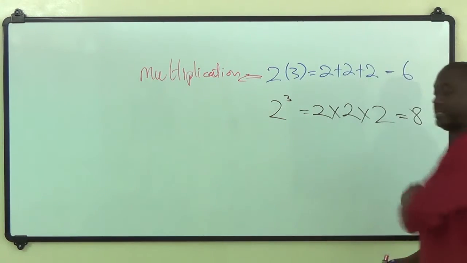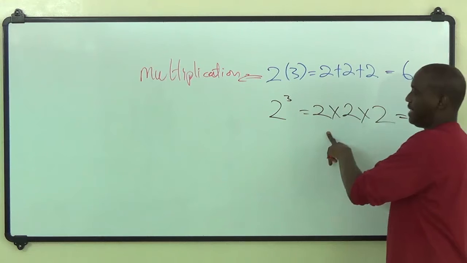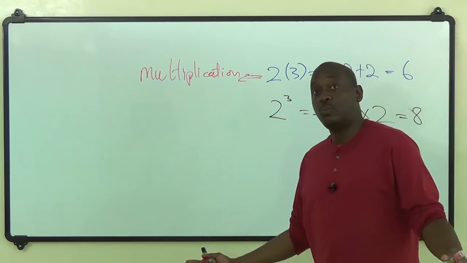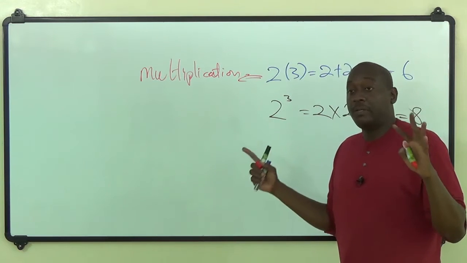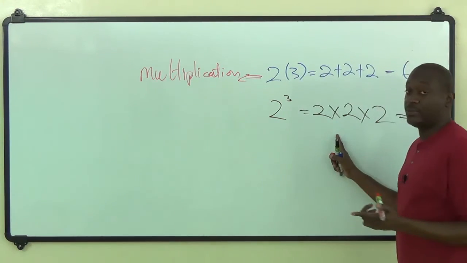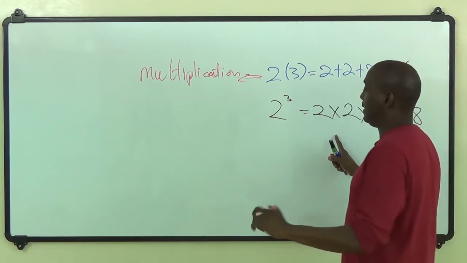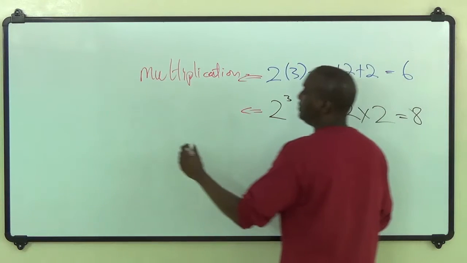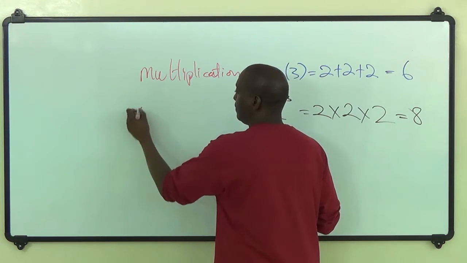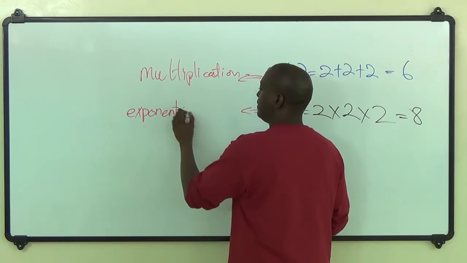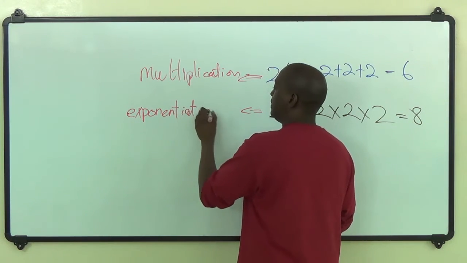This, however, is a different kettle of fish. We wouldn't get here until maybe Form 2, in some cases Form 3. Some cases maybe Form 1, who knows. But you wouldn't get here until secondary school for most intents and purposes. This can properly be referred to as, watch it now, exponentiation.